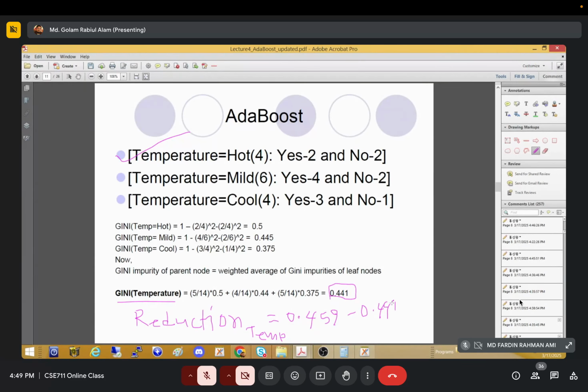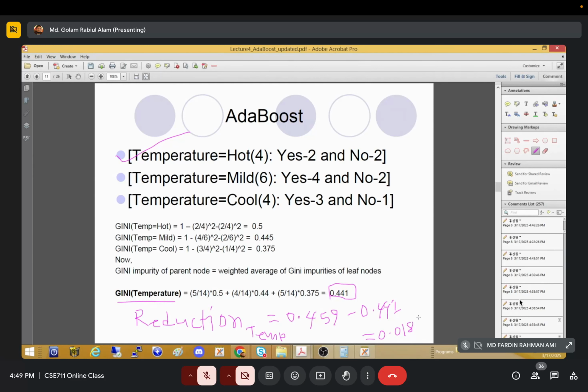What's the value? 0.018. So this will be the reduction if we apply temperature to split our data set.